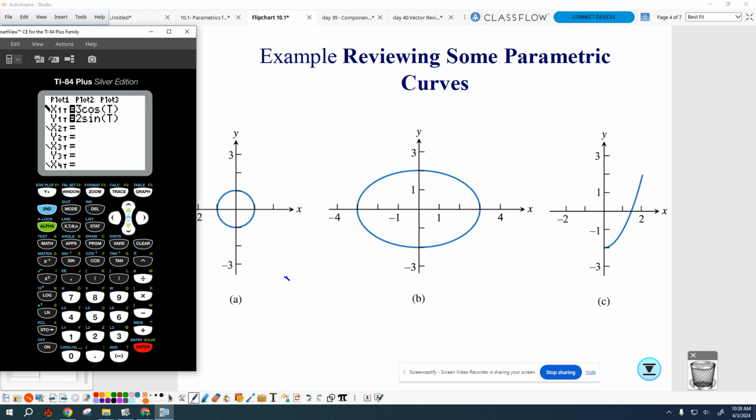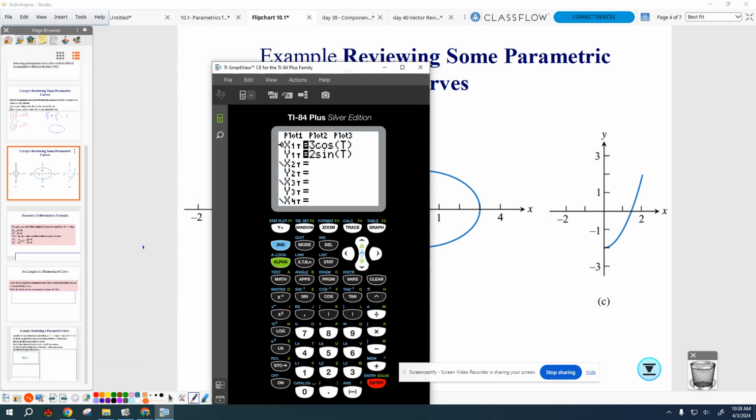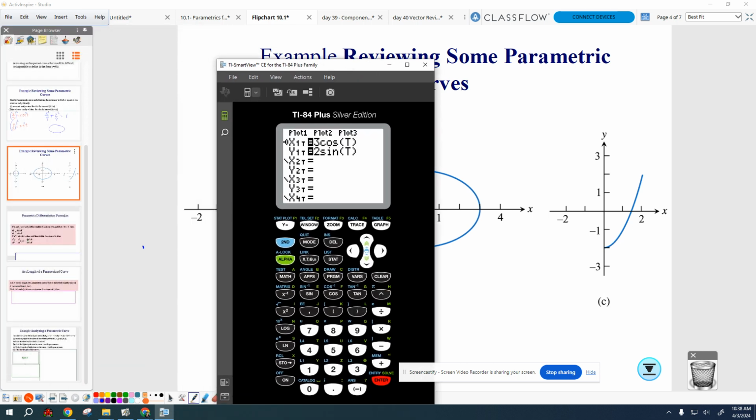If I hit enter again, I lovingly call this one bunny hop with turd trail, for the reason I will show you in a minute. They told me on the other thing to draw from 0 to 4 pi, so I'm going to put in 0 to 4 pi. And then I think they told me other window values.